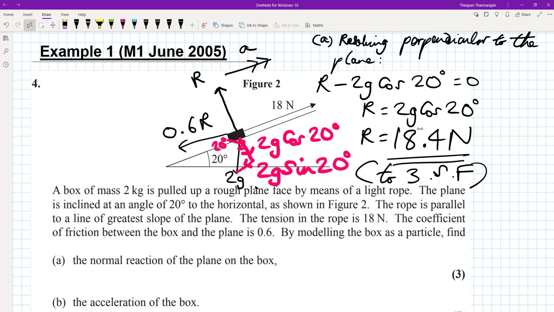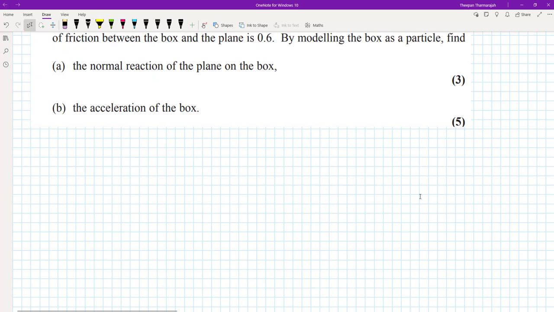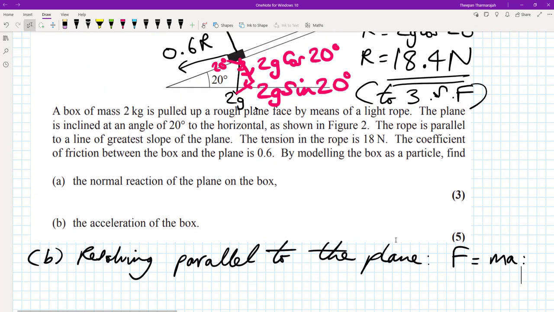Now to find the acceleration, we're going to resolve parallel to the plane. But don't forget, it's moving up the plane. So we have to use Newton's second law, F equals ma. What's happening parallel to the plane?